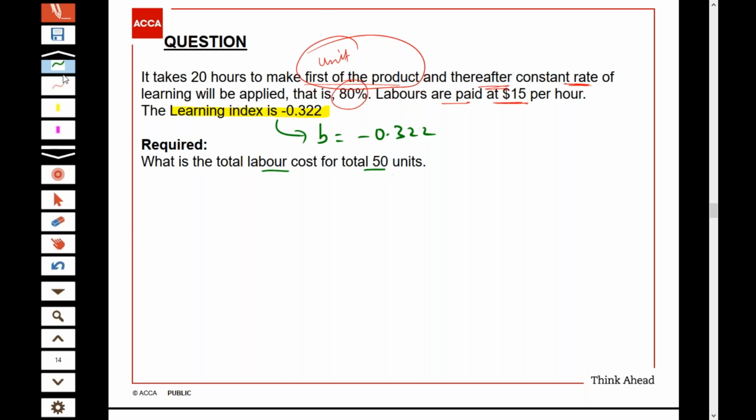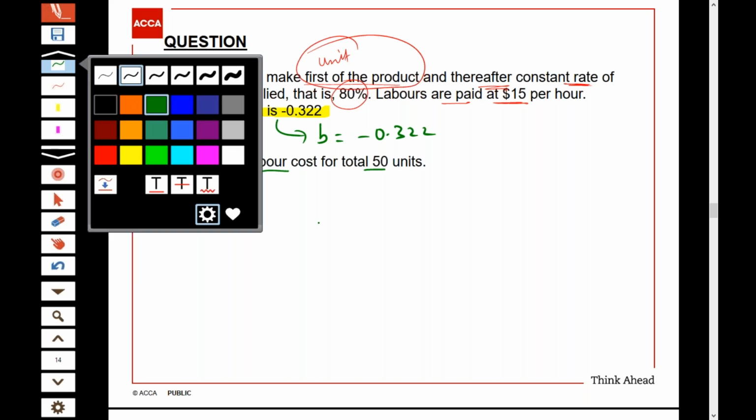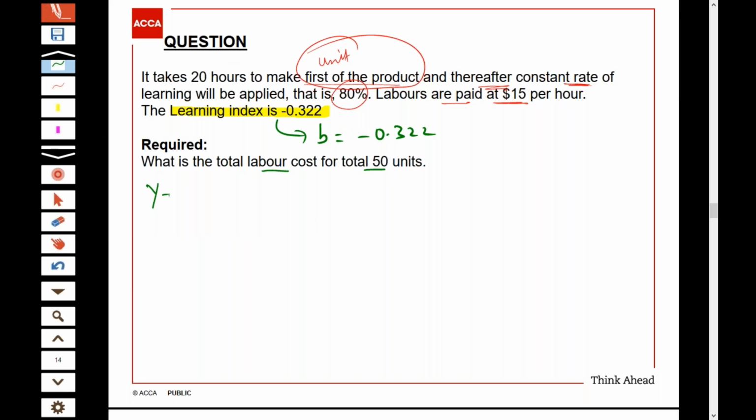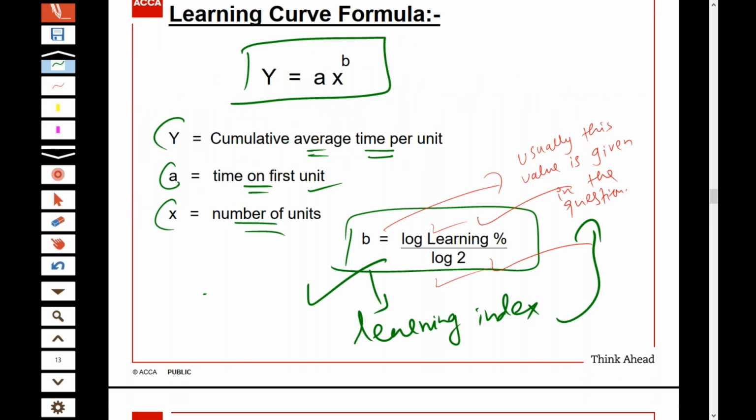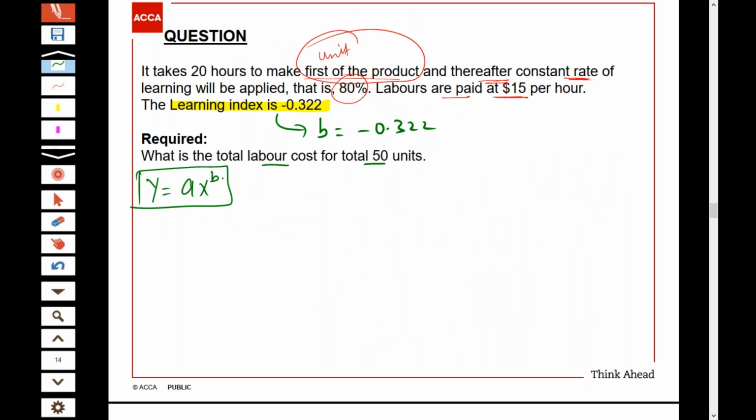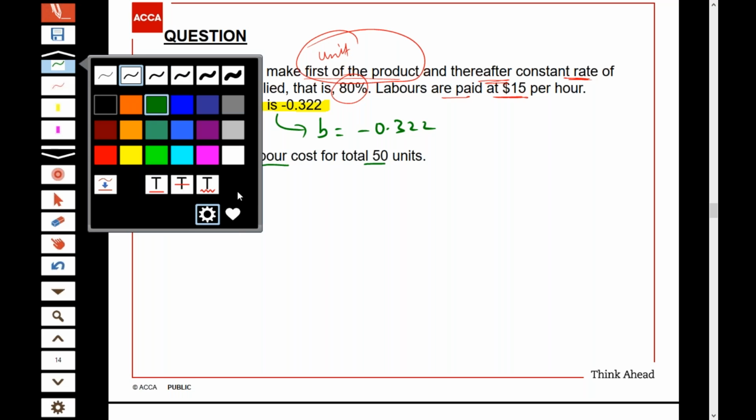Now see students, what am I doing? Y is equal to ax power b. This is the formula of the learning curve, and y is the average time per unit. What is a?